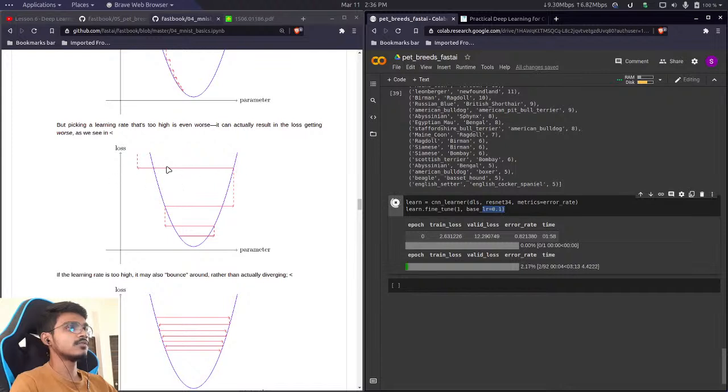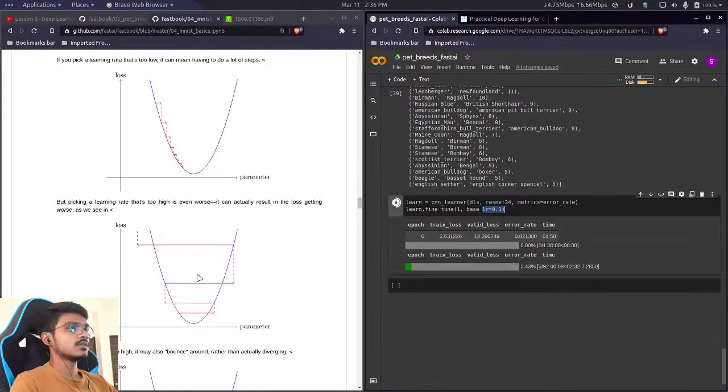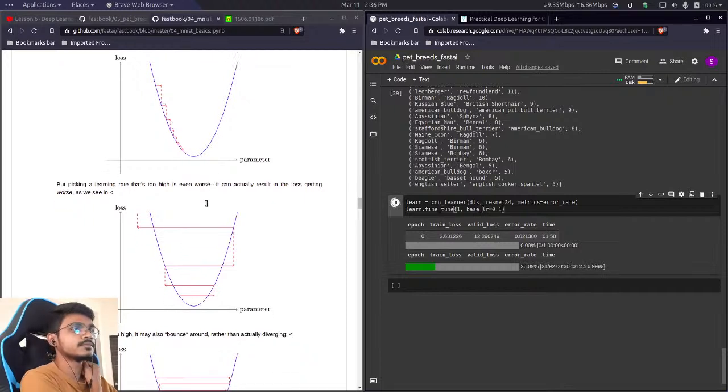The loss started to increase instead of decreasing because we are taking bigger steps. If we take a bigger step, then it moves from one slope to the opposite slope. If we keep the learning rate very low, then it takes a lot of steps to get down to the local minima.